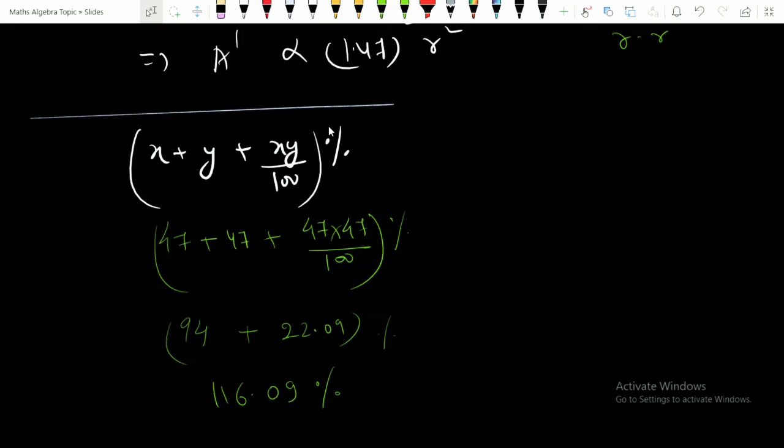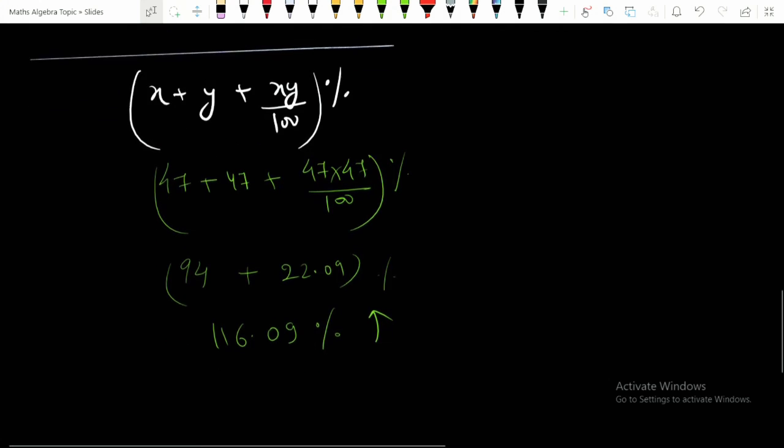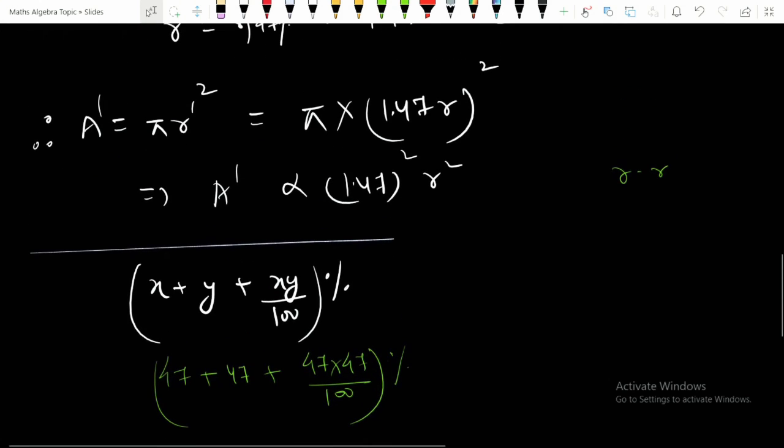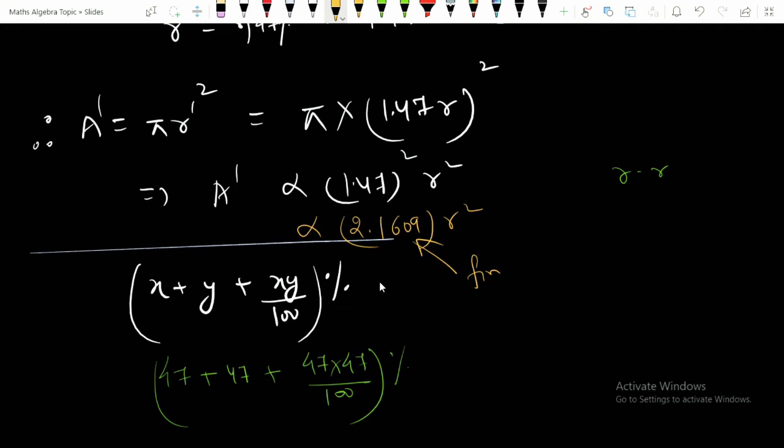This is your percentage increase. This is the net value. So 1.47 into 1.47, what will you get? A is proportional to 1.47 square; if you do it, you will get 2.1609 r square. So this is your final.